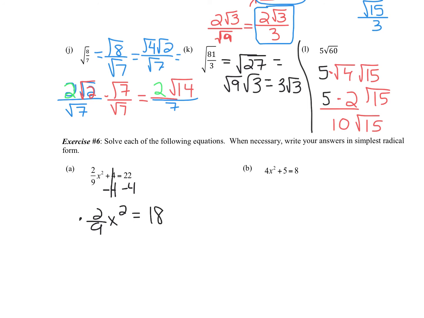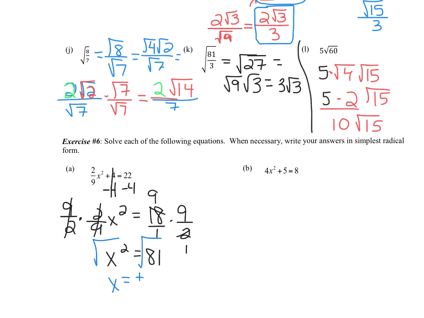And then multiply by 9/2. So this actually gives me x squared. This cancels out. You can do that on a calculator as well. So this actually gives me x squared equals 81. From there, I can take a square root. Remember, 2 answers, so I get plus or minus 9 as my answers.